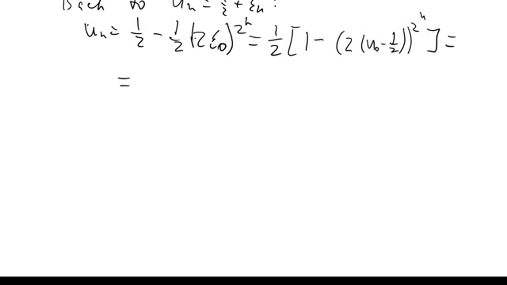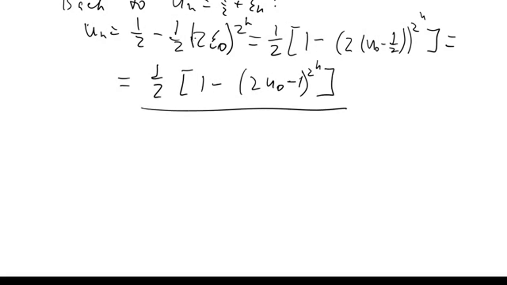And finally it is half times 1 minus 2u naught minus 1 squared to the power of n. So this is our formula for un. If we know u naught, we can find un for any n.